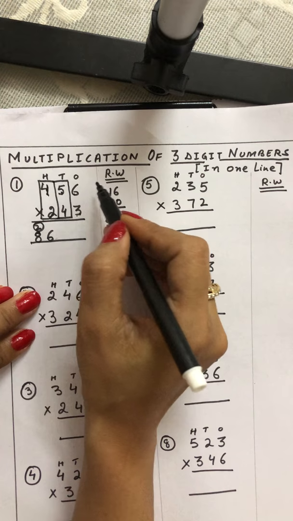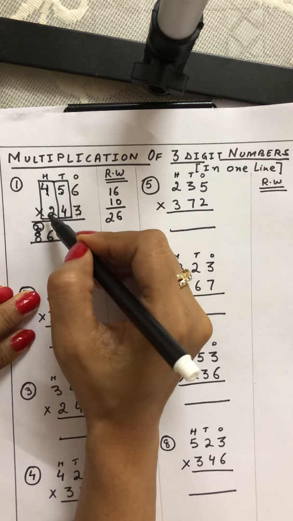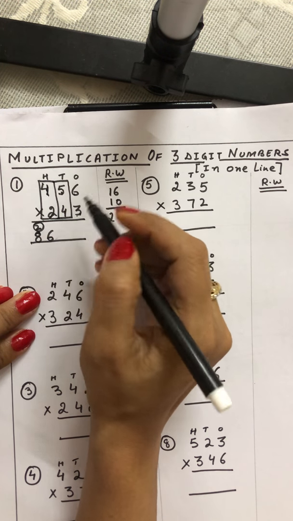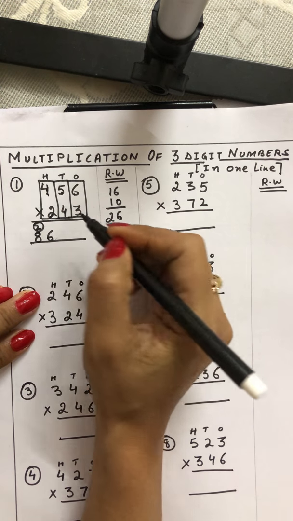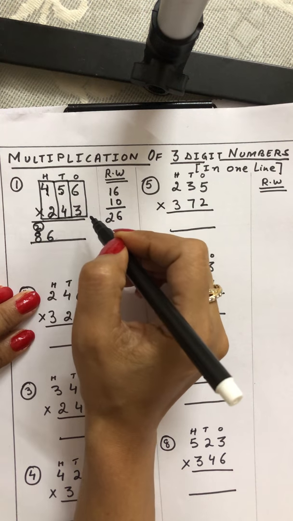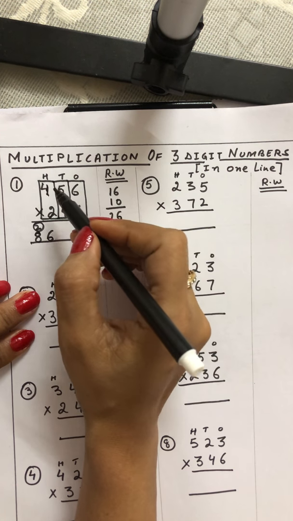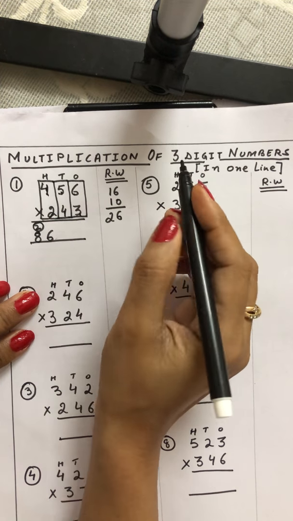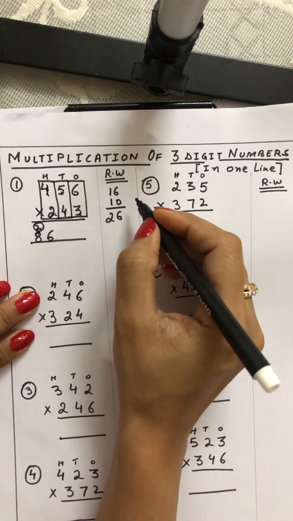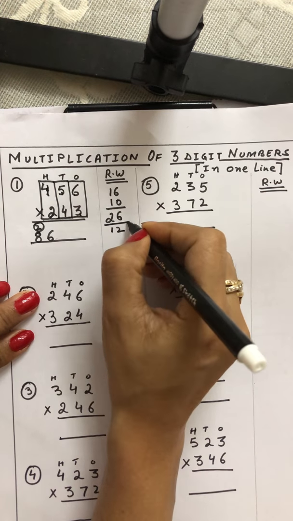Next, I'll take the digits in the hundreds column, the tens column, as well as the digits of the ones column. Now, in these three columns, the multiplication will be: 4 and 3 will be multiplied in cross, like 4 into 3 gives me 12.